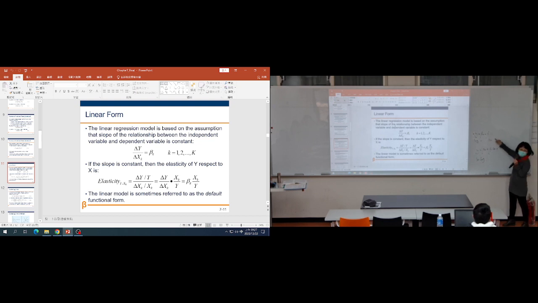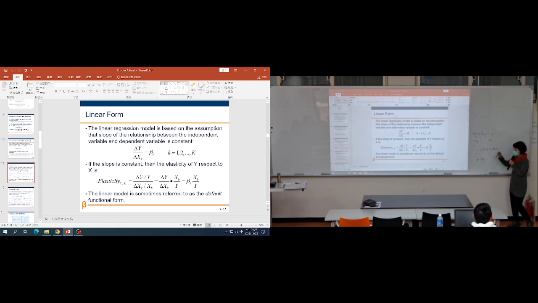So for example, how do we explain beta 1? Since x is in linear form, say x1 is the working experience, then y is the salary. So we say that an increase by 1 year's working experience will cause a beta 1% increase in salary.